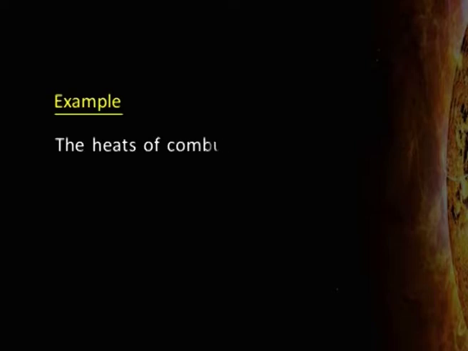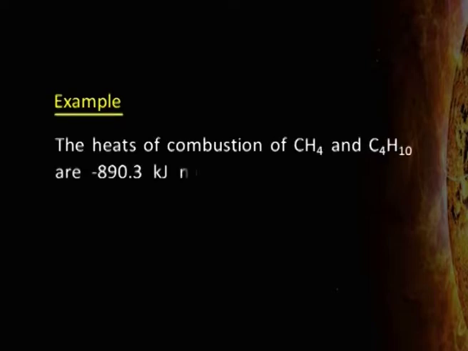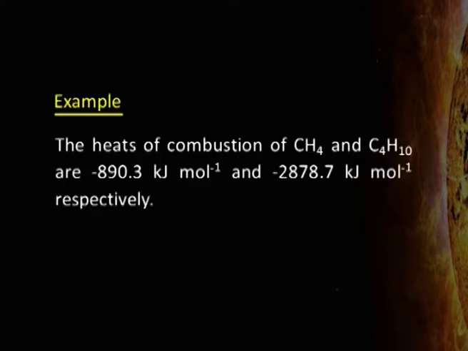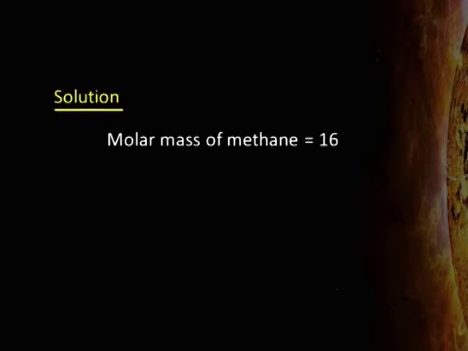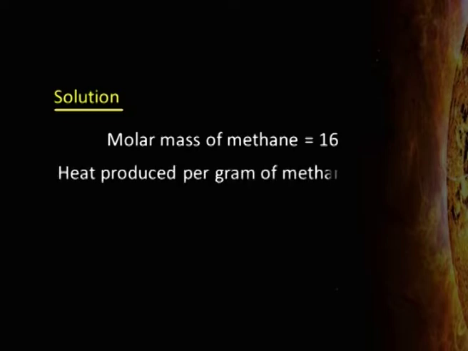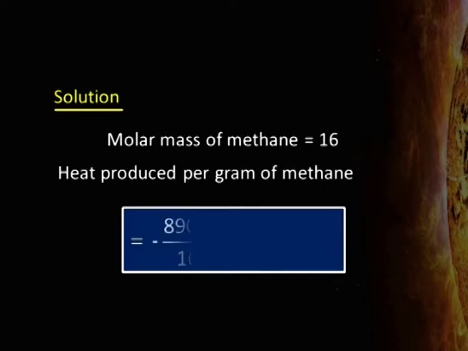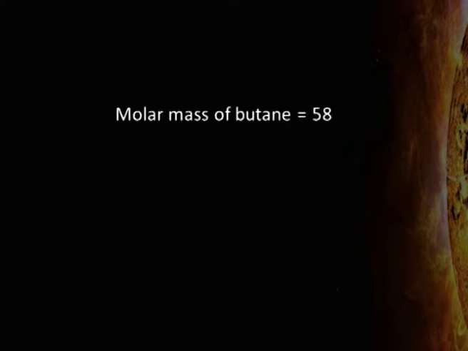Here is an example to calculate the fuel efficiency or calorific value of the fuel. The heats of combustion of CH4 and C4H10 are minus 890.3 kilojoule per mole and minus 2878.7 kilojoules per mole respectively. Which of the two has greater efficiency as fuel per gram? As molar mass of methane is 16, heat produced per gram of methane will be equal to 890.3 upon 16, which is equal to minus 55.6 kilojoules per gram, and molar mass of butane is 58.